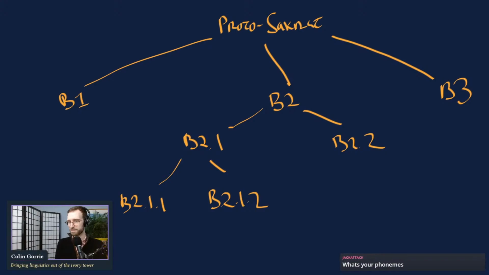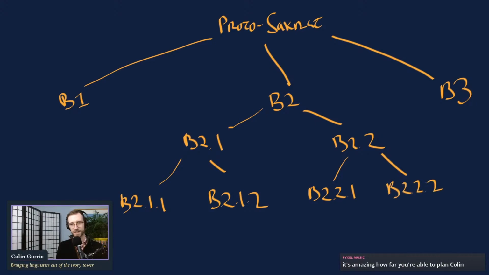And these are all going to have better names, but for now. Yeah, okay, we're still visible. Then we have branch 2.2, which branches off into branch 2.2.1 and branch 2.2.2. So you're seeing me at the sort of limit of my ability to keep track of all of these things in my head.